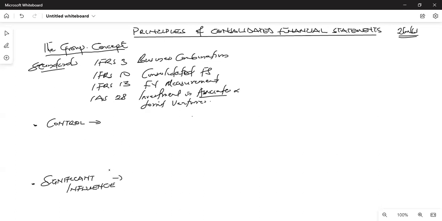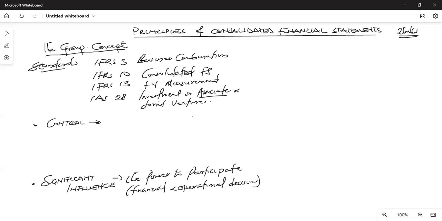You have the power to participate, if it is an entity, in the financial and operational decisions. So that is what we are trying to talk about, all right?